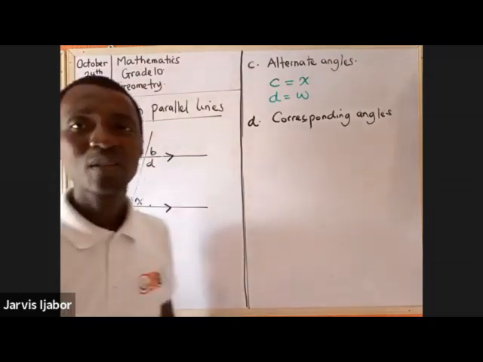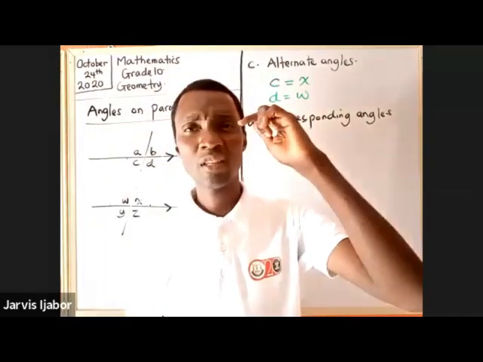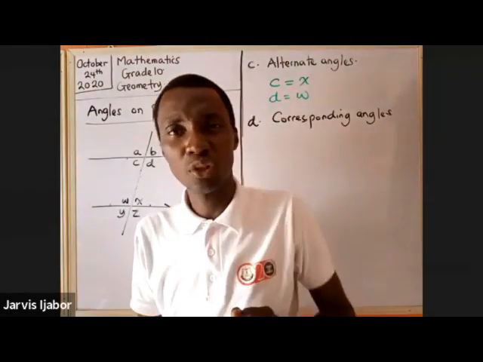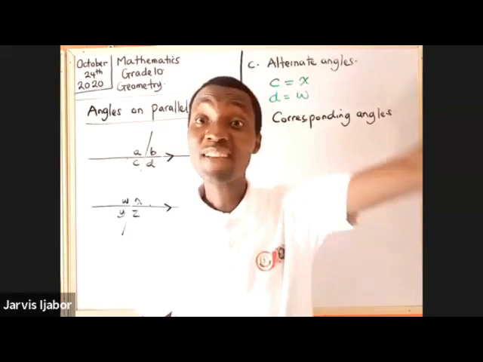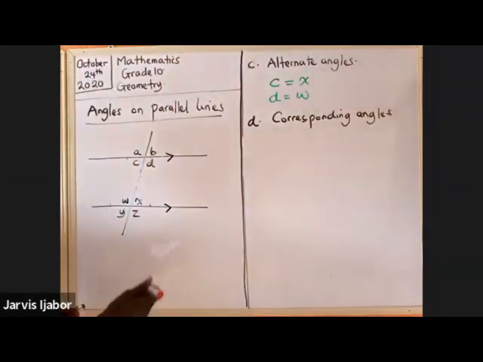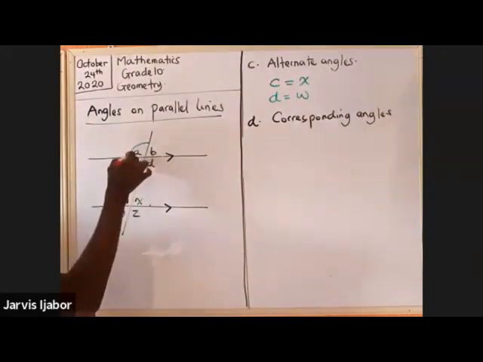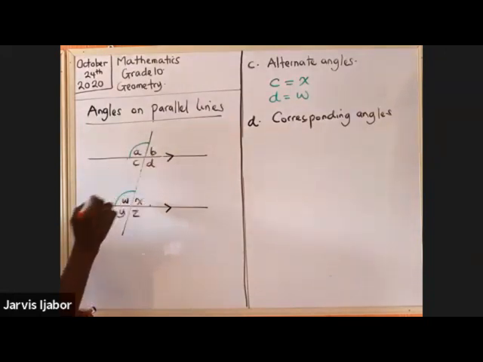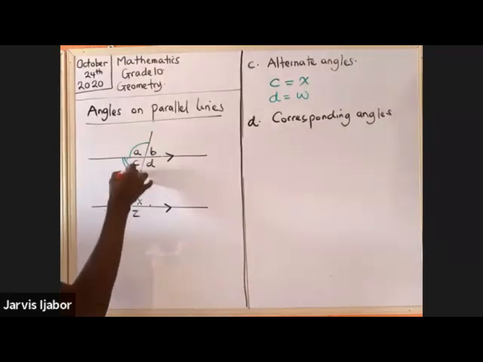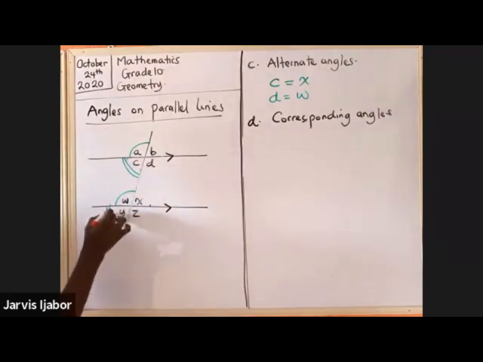The concept of corresponding is a concept of mapping the position. If I'm first on top, I'll be first at the bottom. So look at how corresponding works. This top here will correspond to this top on the same side. This bottom here will correspond to this bottom on this side.